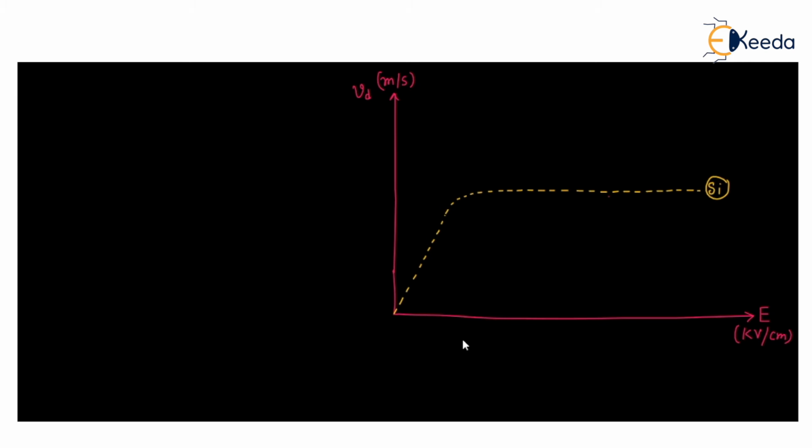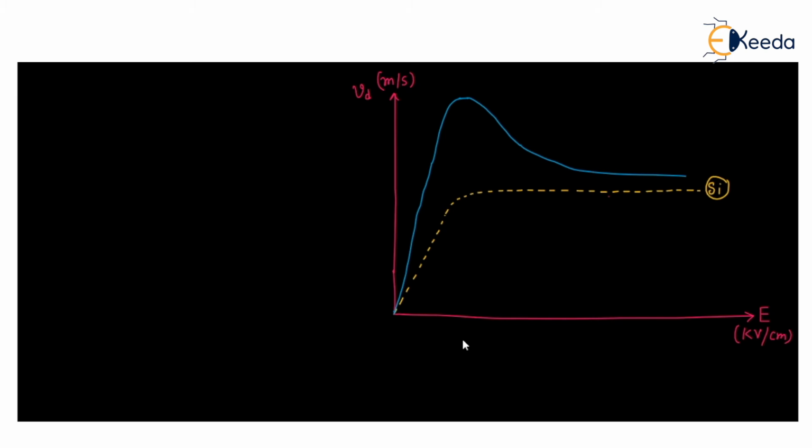But we will use n-type gallium arsenide, and for the n-type gallium arsenide the plot looks like this. The drift velocity will increase linearly with the electric field, and after a certain value of the electric field, it will decrease in this fashion.